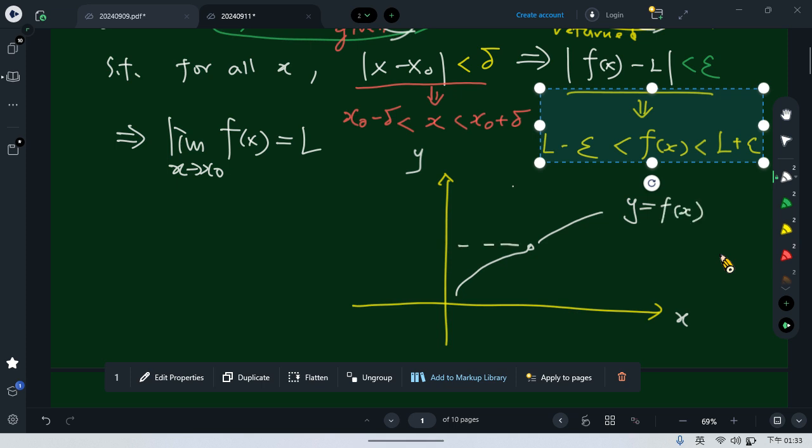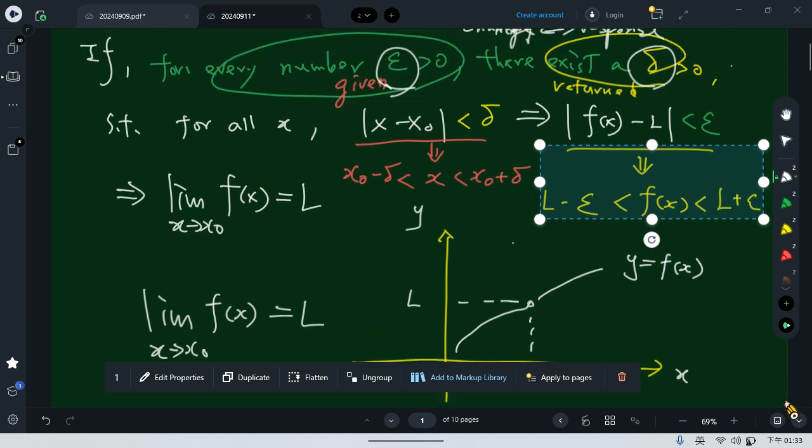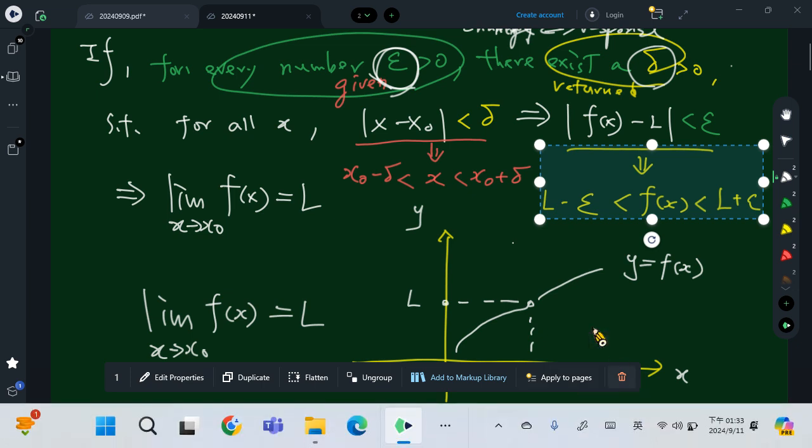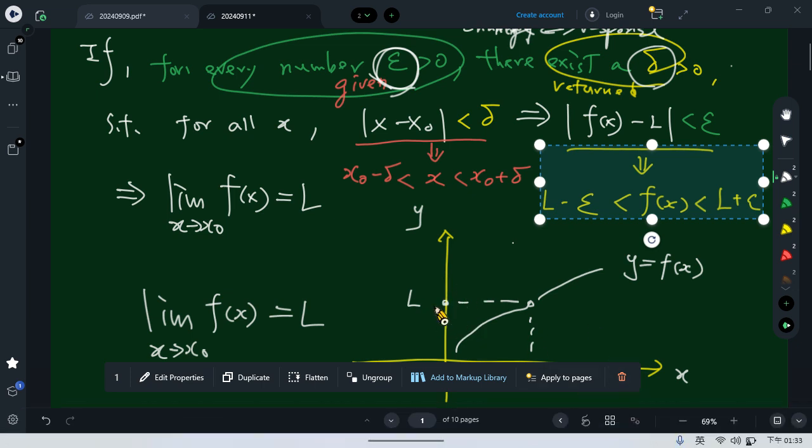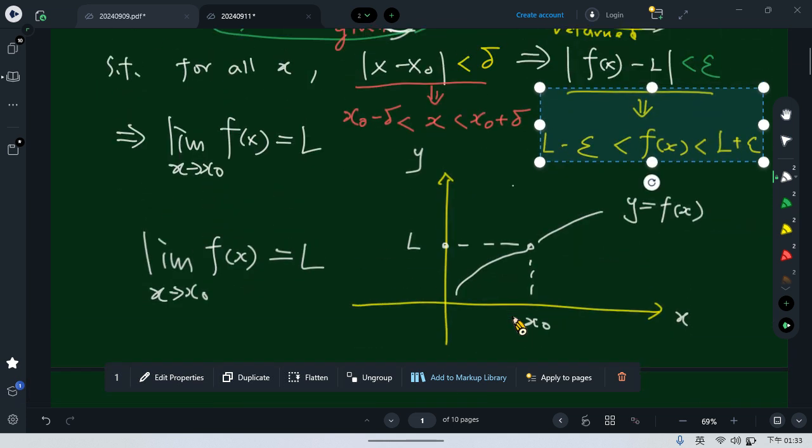If we say limit s is approaching s0, f of s will be L. That means when you give me an epsilon, then based on L, we can get a range from L minus epsilon to L plus epsilon.